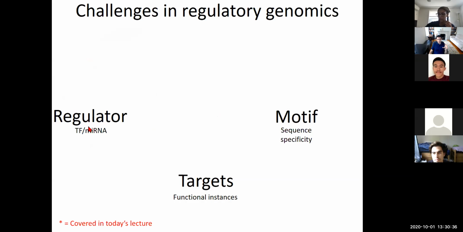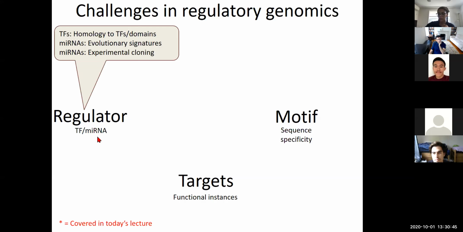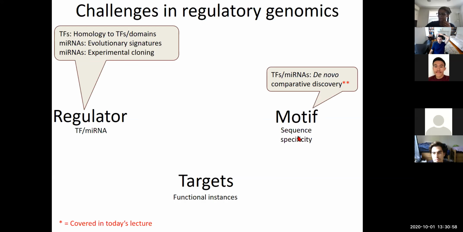And then there are the regulators, which are the ones that recognize those motifs and bind those targets. To identify the regulators themselves, we can use homology to other transcription factors or domains, evolutionary signatures for microRNAs, or experimental cloning and so forth. For identifying the motifs themselves, we're going to look at de novo comparative discovery today. So the stars are the ones that are covered in today's lecture.